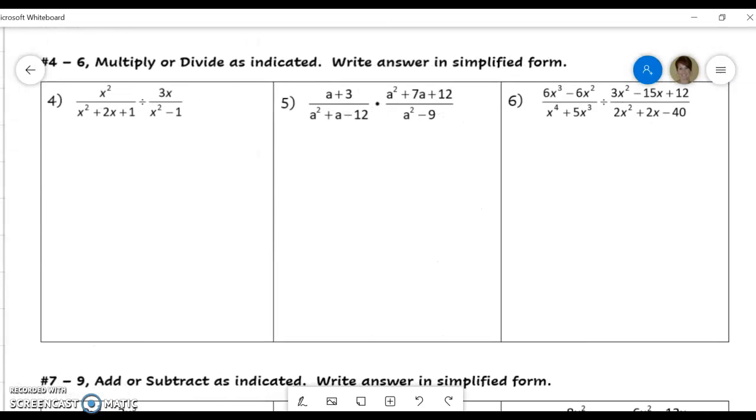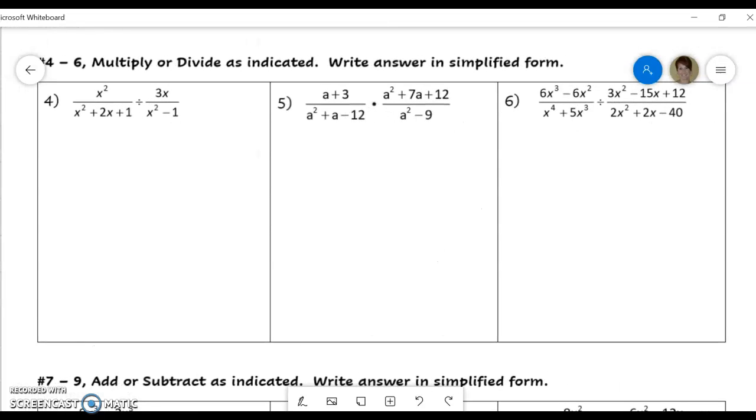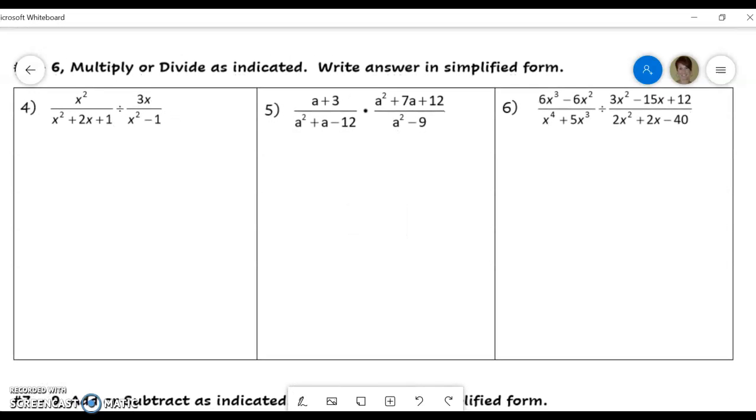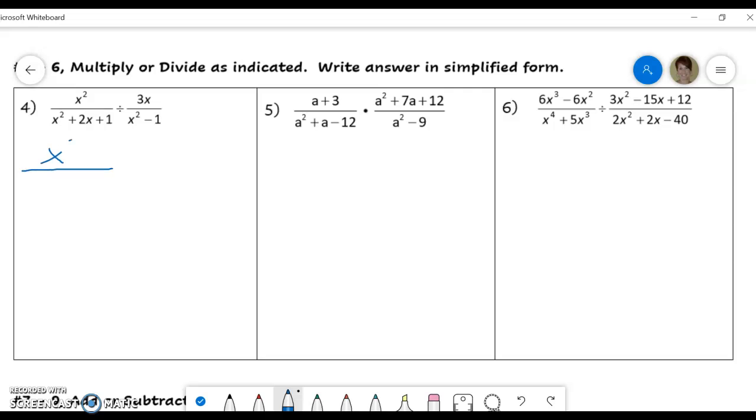All right. So now let's take a look at multiplying and dividing. Remember, we really want to factor everything that we can first. So I am going to factor the denominator, which would be x plus 1 times x plus 1.